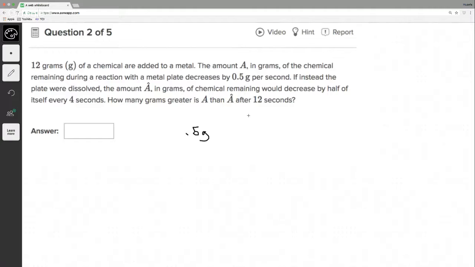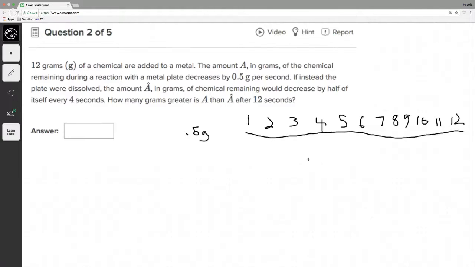So we'll do 1, 2, 3, 4, 5, 6, 7, 8, 9, 10. You don't have to do it like this, but I think this will be the easiest. So here's all our seconds. Now let's do A to kind of map this out a little bit. So it goes down by 0.5 every second. Let's just say that means it goes down 1 gram every 2 seconds.